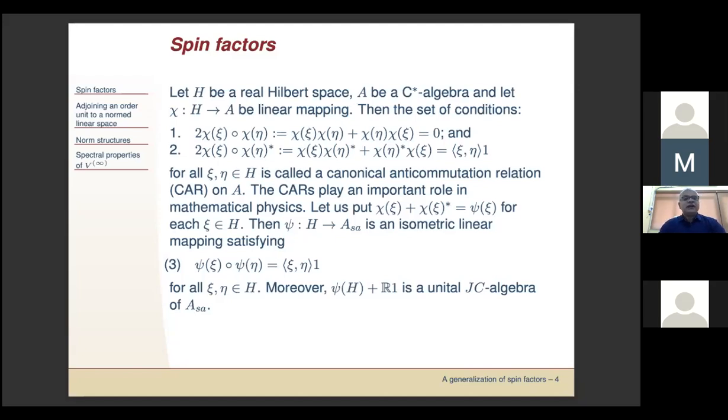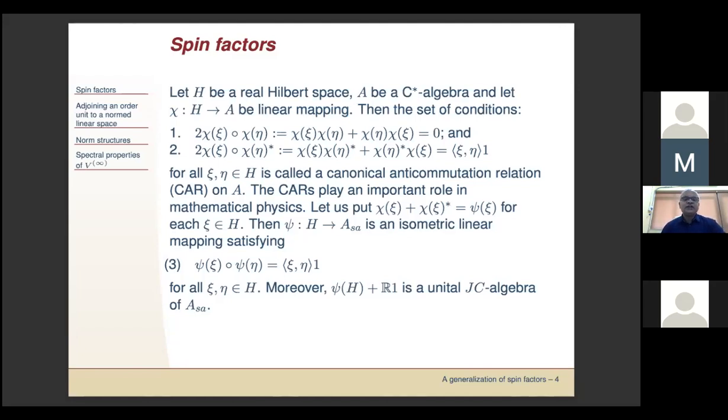A linear map satisfying these 2 conditions is known as a canonical anti-commutation relation, or CAR, and they are very important in mathematical physics. How? You will ask me. I don't know, but I hear that they are very important.